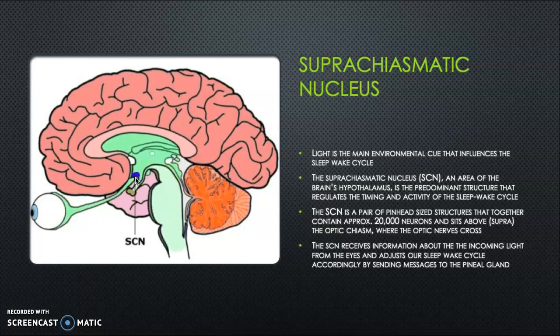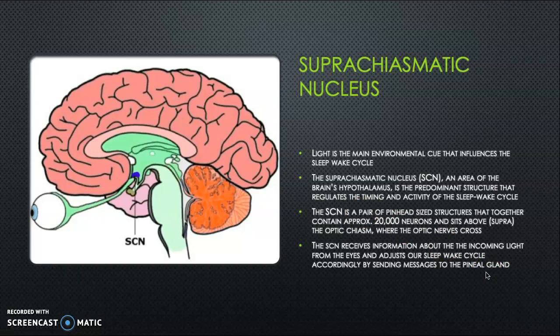So where it does that crossover to swap to the hemispheres is called the optic chiasm. And just above that, supra meaning just above, is our suprachiasmatic nucleus. And it's important that position because it is detecting light. So it's getting information from the eyes and it is then sending that information to the pineal gland.